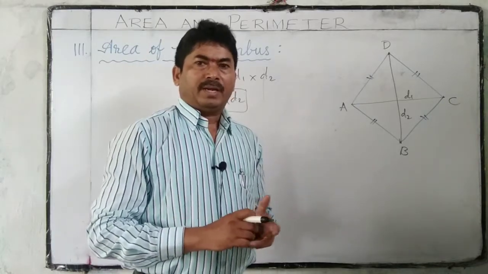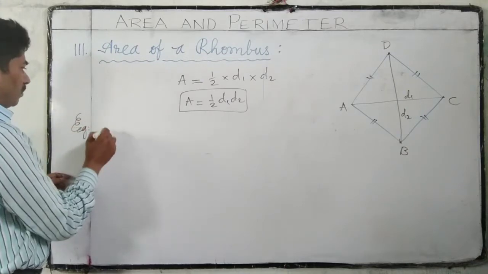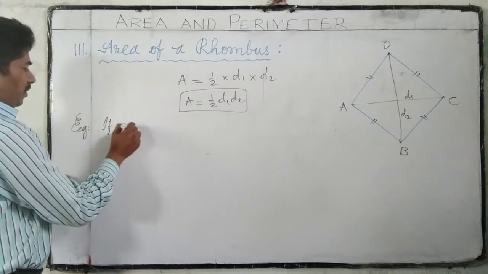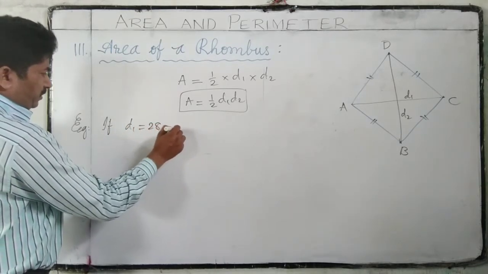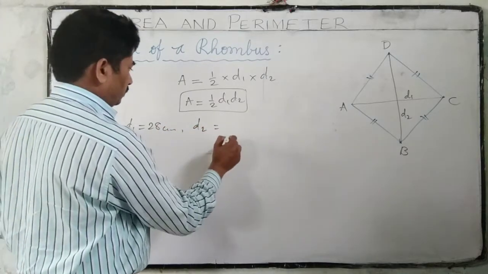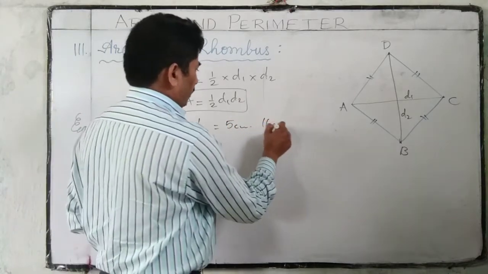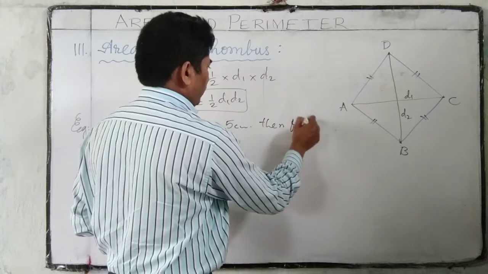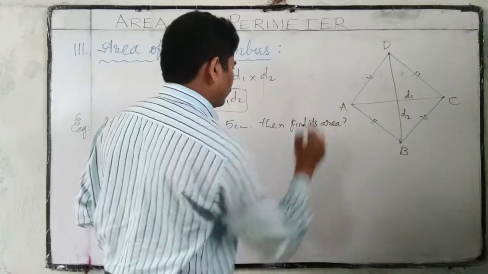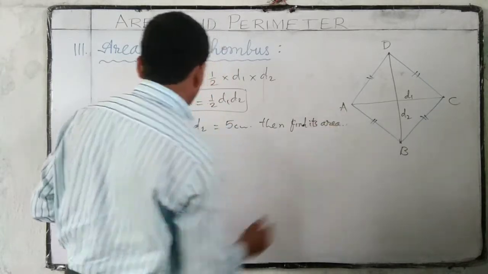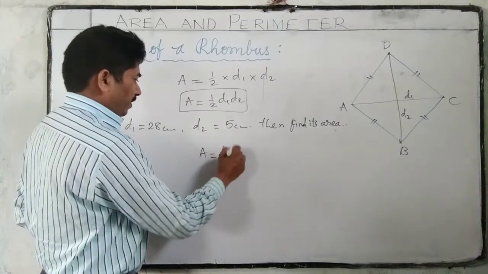Using this formula, let us observe an example. If D1 is equal to 28 centimeters, D2 is equal to 5 centimeters, then find its area. So to find its area, we use the formula half D1 D2.